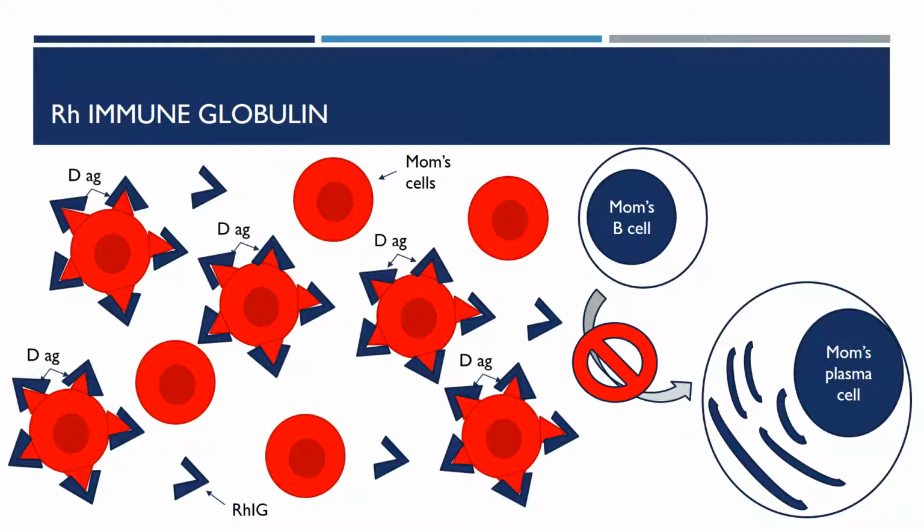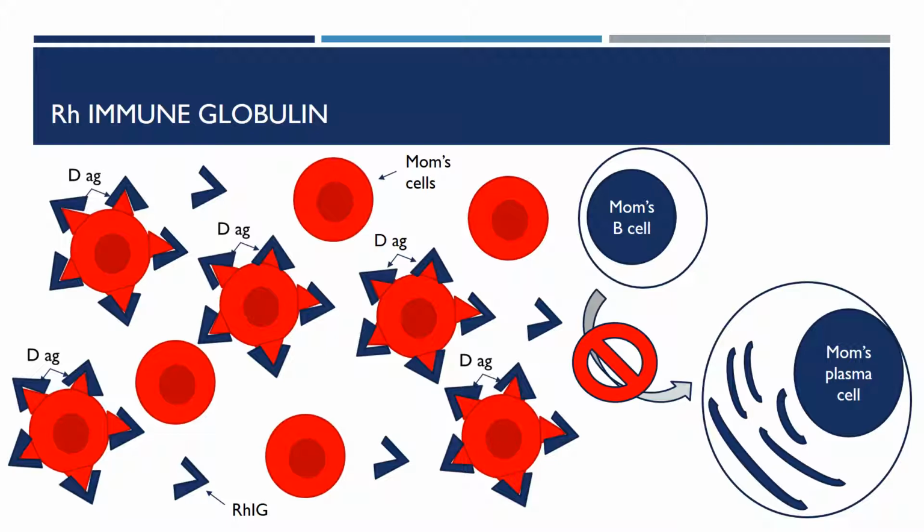Okay, so what you're looking at here is antigen neutralization. The antibodies are injected into the mother, and you can see they're the blue little arrow-shaped things. They're going to basically coat the antigen that's on the infant's red cells.